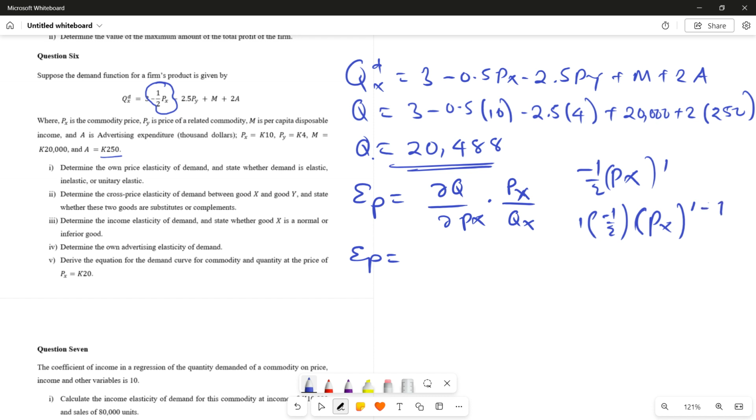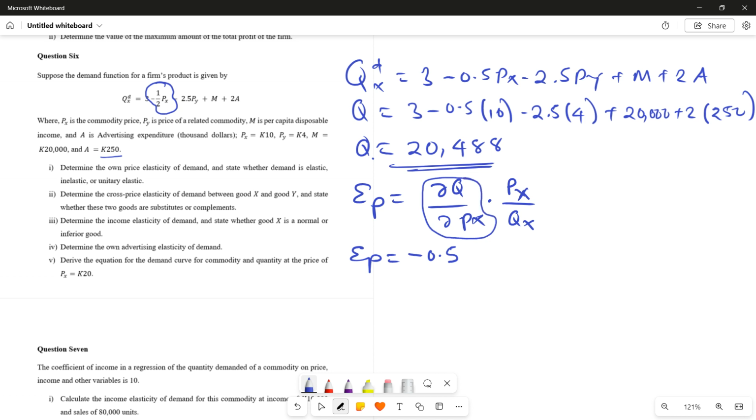So this will just collapse to minus half, which is minus 0.5. You see that? So for the first part there, we are going to have a minus 0.5, which is just this.